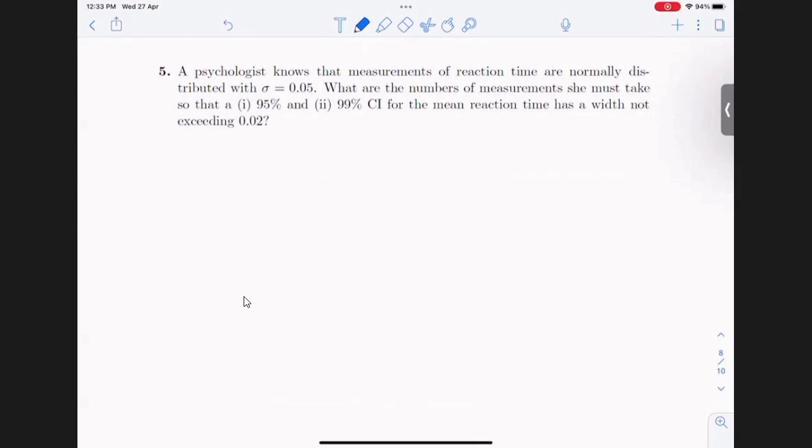So this is another direction of a problem. You are given a requirement in terms of the width of the confidence interval. We want the width not too wide, not exceeding 0.02, and then we want to determine the sample size required to achieve this requirement. Try to work on this question. And here is a little hint.